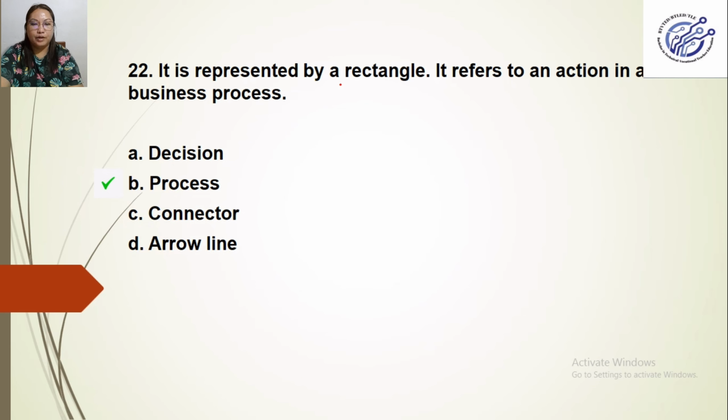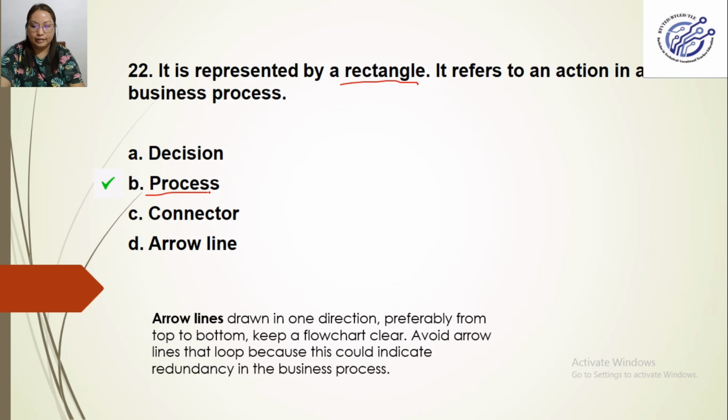So, pag sinabi po natin na rectangle po siya, ang tawag po sa process na yan sa ating flowcharts, kasi ginagamit itong mga shapes na ito sa ating flowcharts, siya po ay nag-stand for process po. Tingnan po natin dito. Yung arrow line po, siya po ang either drawn po siya in one direction, preferably from top to bottom.